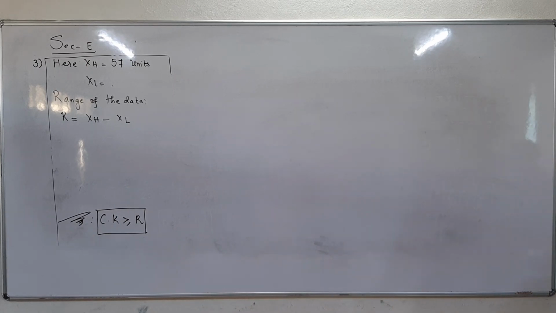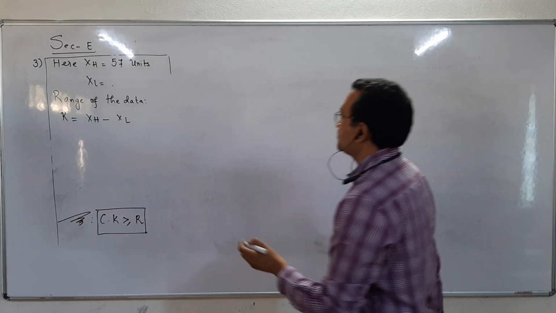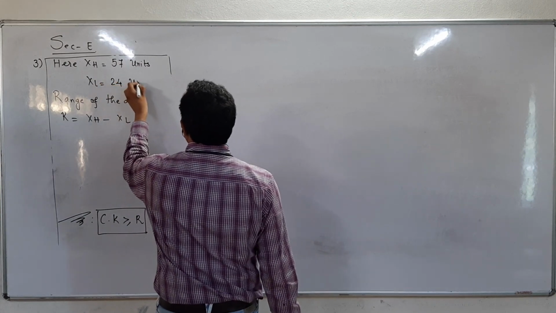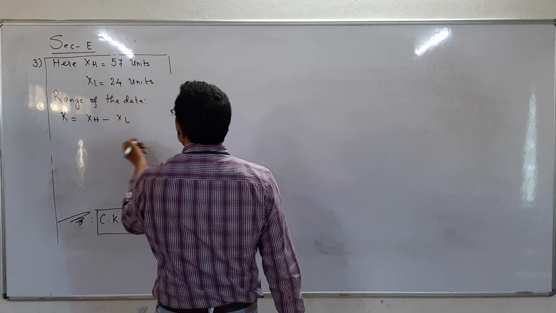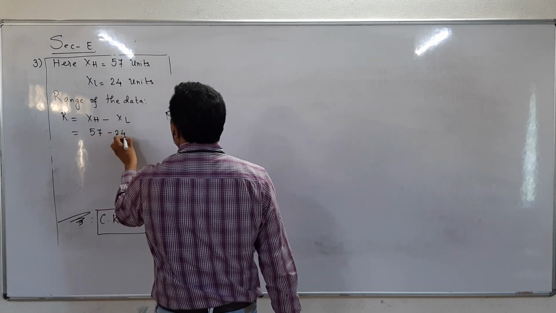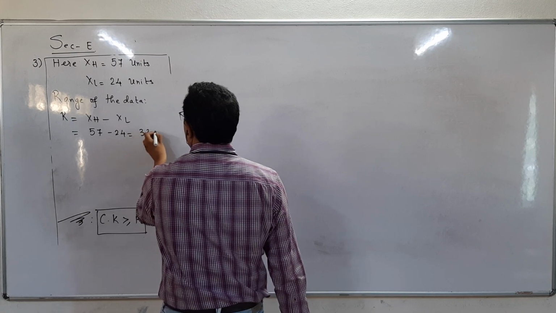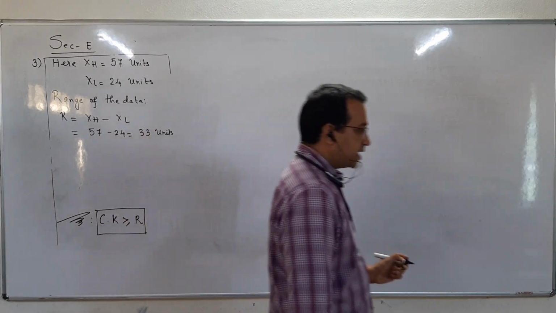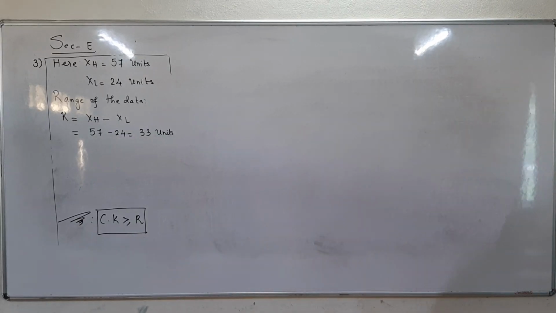We have written 24 units. So the range of the data is 57 minus 24, so 33 units. This is, students, the range of the data.